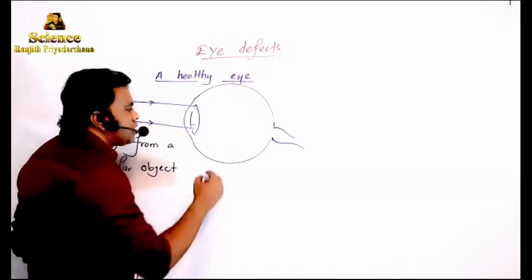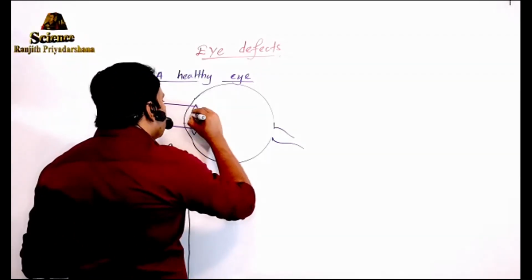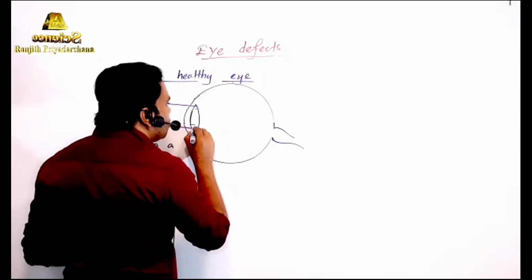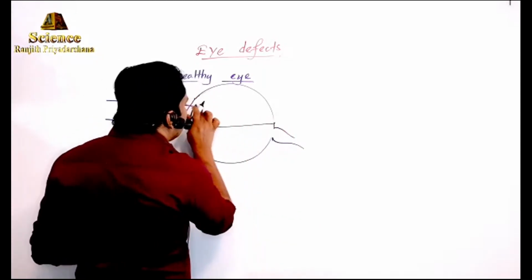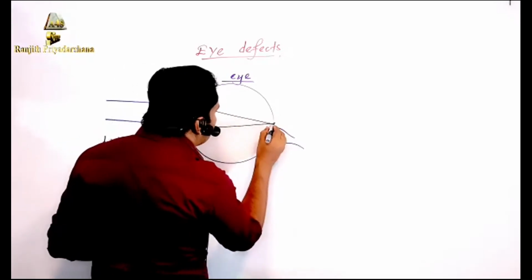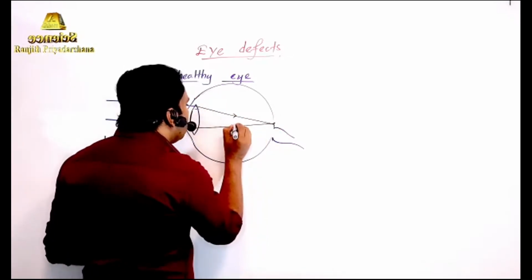Okay, so that's nicely focused to the retina. Usually we make that on the fovea of the retina, or yellow spot.